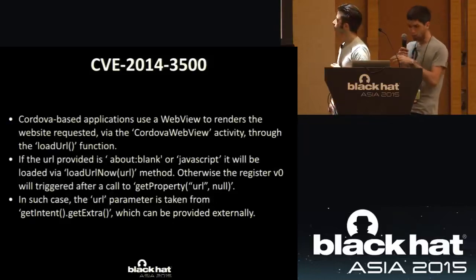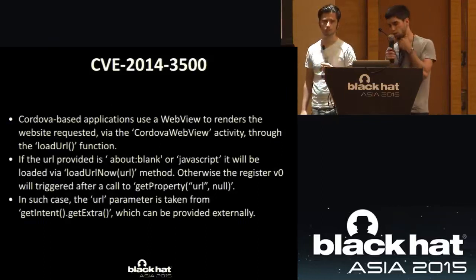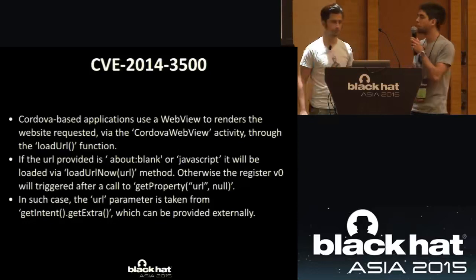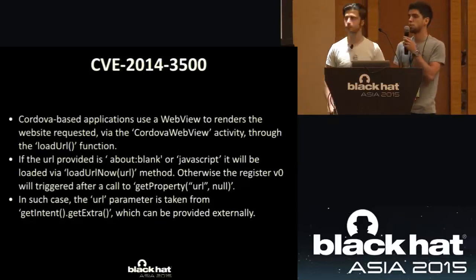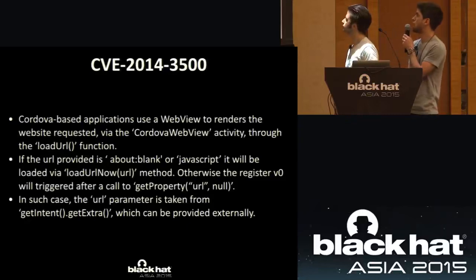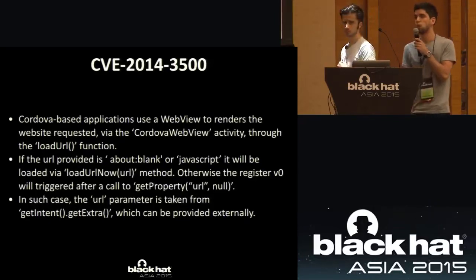So I'm going to show you later the source code of this functionality, but basically, if the URL provided is about:blank or JavaScript, it will be loaded via the loadUrlNow method. Otherwise, the register v0 will be overridden by the URL provided by the user. And how is this overridden?